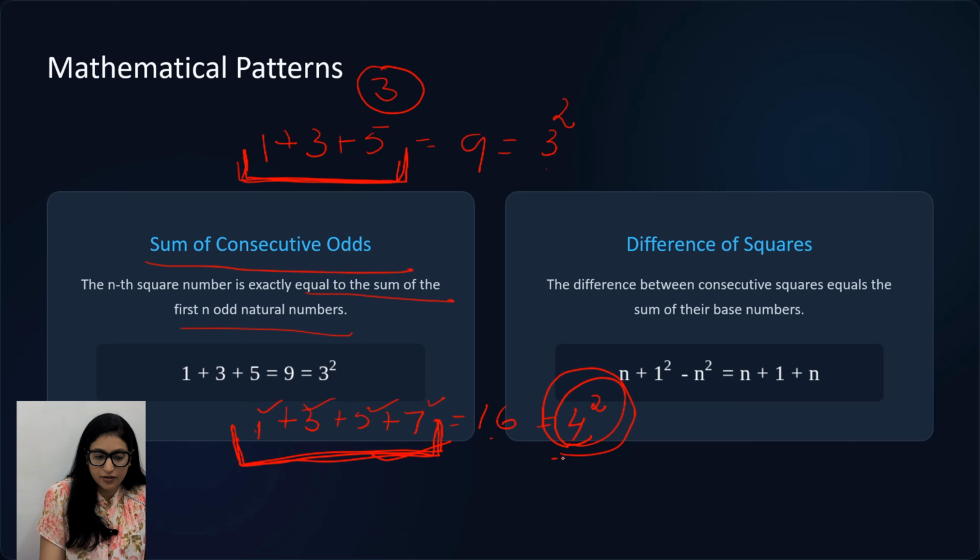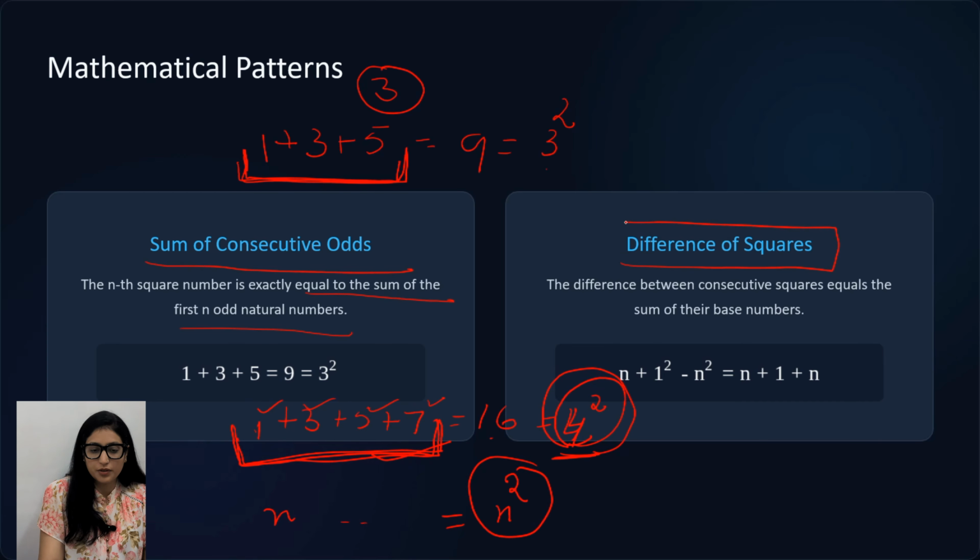Here I added 4 odd numbers, so the sum will be 4 square. If I add n odd numbers, the sum of consecutive odd numbers will be n square. Clear?